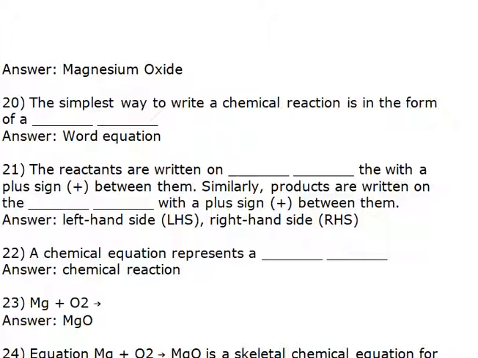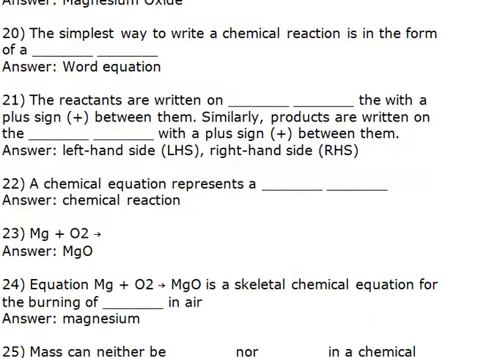Similarly, products are written on the dash and dash with a plus sign between them. The answer is the reactants are written on left hand side with a plus sign between them. Similarly, products are written on the right hand side with a plus sign between them.